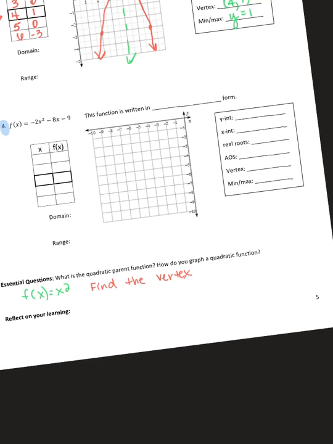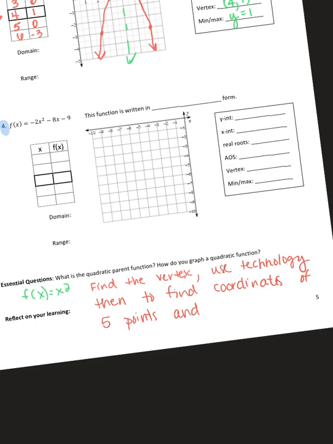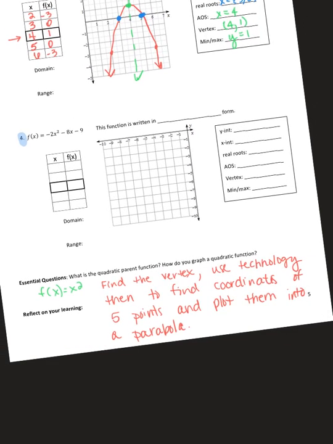Then find the coordinates of 5 points and plot them into a parabola. So plot the points. All right, and that is how we graph a quadratic.